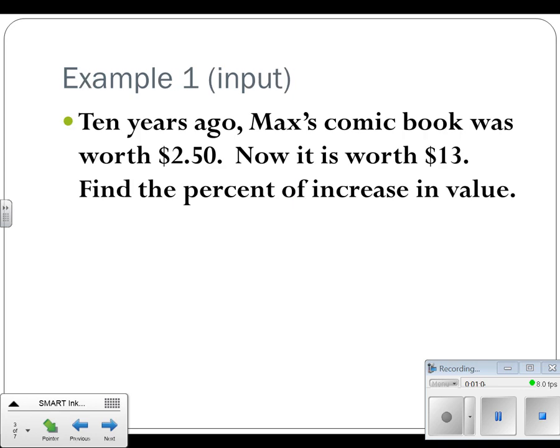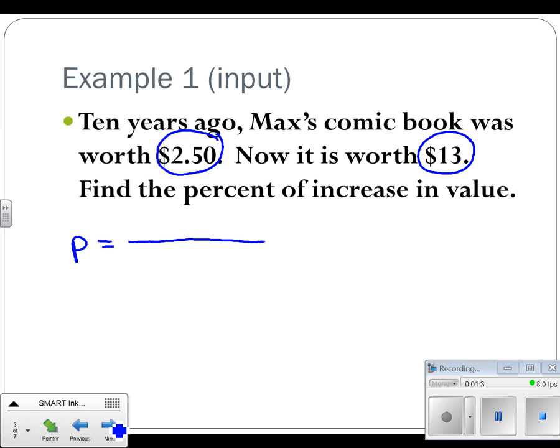10 years ago, Max's comic book was worth $2.50. Now it is worth $13. Find the percent of increase in value. So we're going to find that percent, P, using P equals. Now remember, on the top is the amount of change. When you're looking for the amount of change, we see the two values, what it was and what it is now.